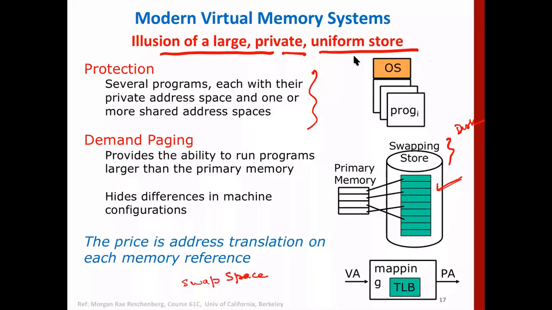And of course there is a mapping. So if a page is not available in physical memory and the process wants it, and it's available in secondary memory, then the OS brings it to physical memory. That we call demand paging. On demand, you bring the page which is available on disk into main memory.